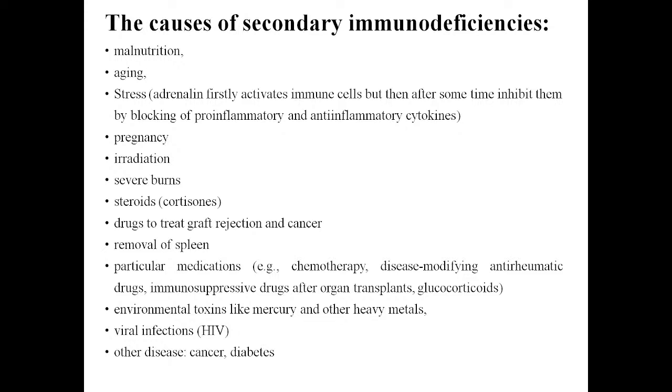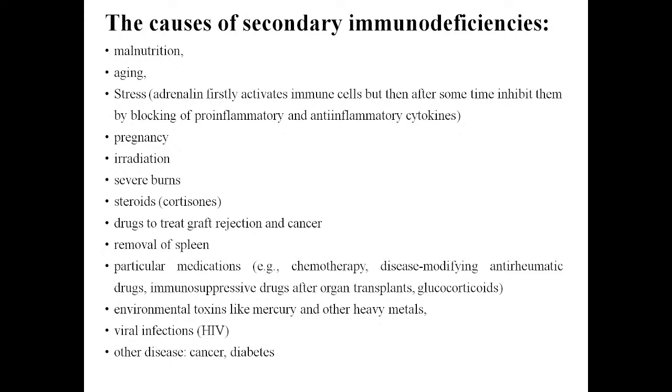And immunosuppressive drugs after organ transplants. Sure, from the name you may understand, they suppress the immune system. It is necessary for successful transplantation. And glucocorticoids. Environmental toxins like mercury and other heavy metals inhibit the immune system.